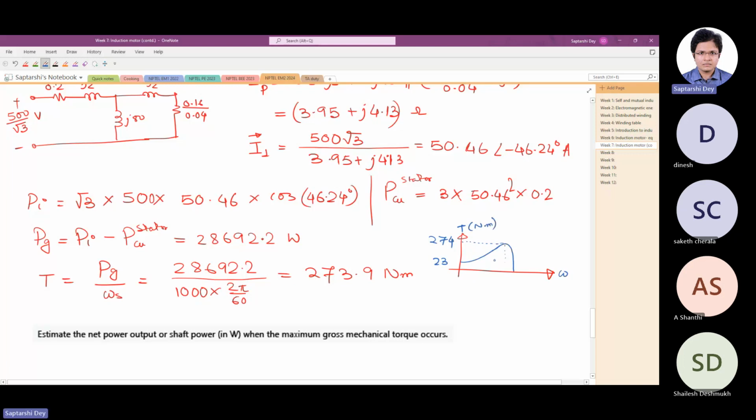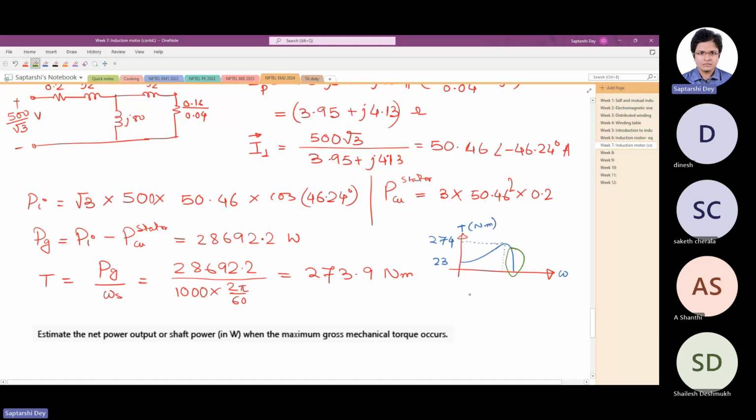Now remember one thing, that generally induction machines are never rated at this torque, because if you try to operate the induction machine at this torque, the current will be very high. The operating region of the induction machine more or less remains constrained in this zone.